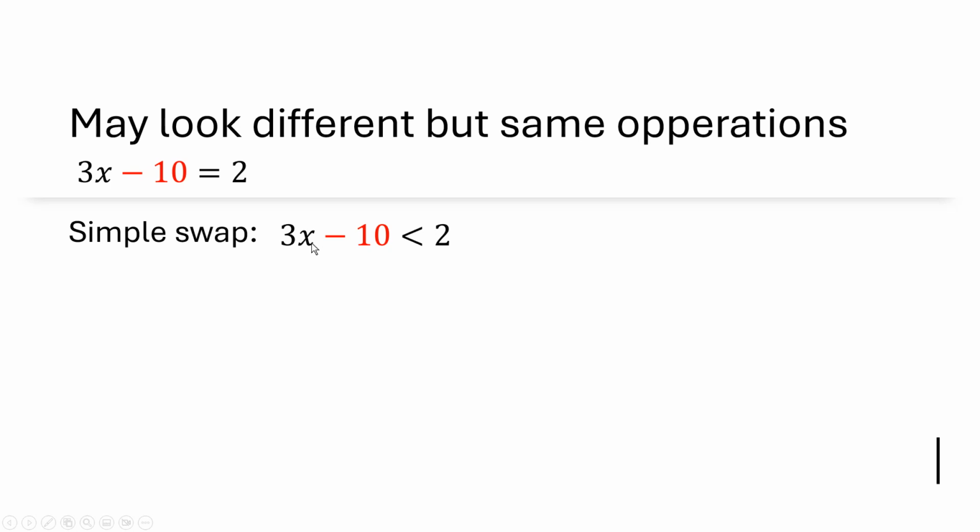Well, we want to isolate x, but right now we're multiplying by 3 and subtracting 10. So what we need to do is add 10 to both sides. Because right now, 10 is not divisible by 3, and if we try to divide by 3, we're going to have a fraction. Not a lot of people like those. So we're going to add that 10 to both sides.